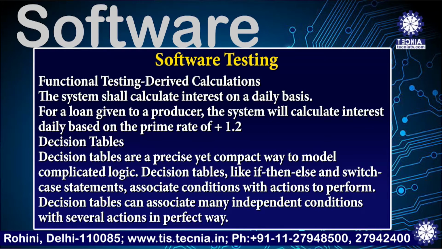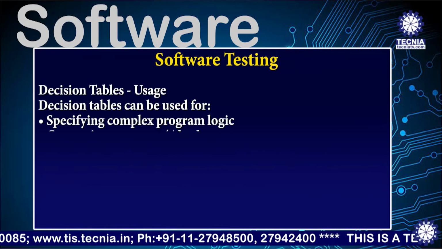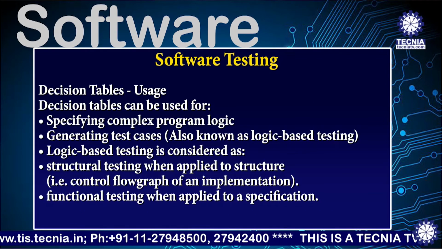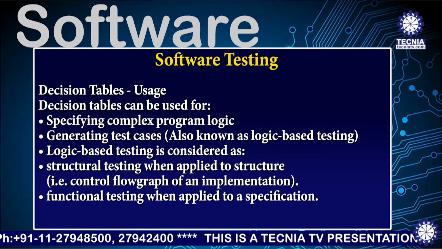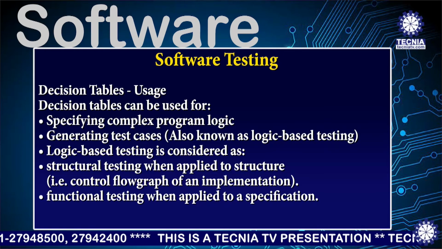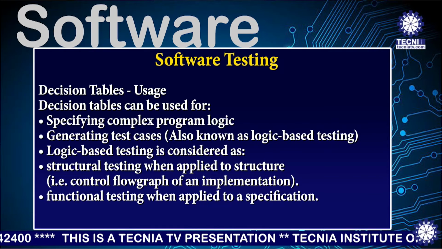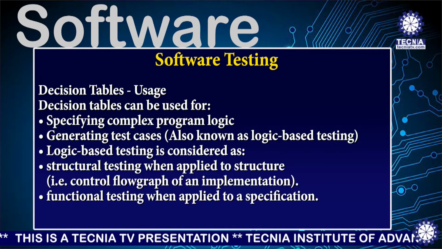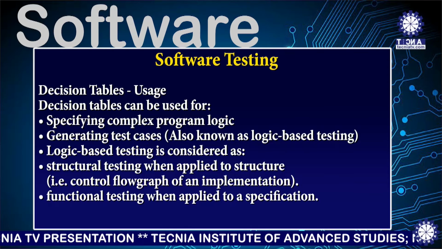Now after understanding decision tables, let's try to understand what the uses of decision tables are. The decision tables can be used for the following purposes. Number one, specifying complex program logic. Decision tables can be used for generating test cases.